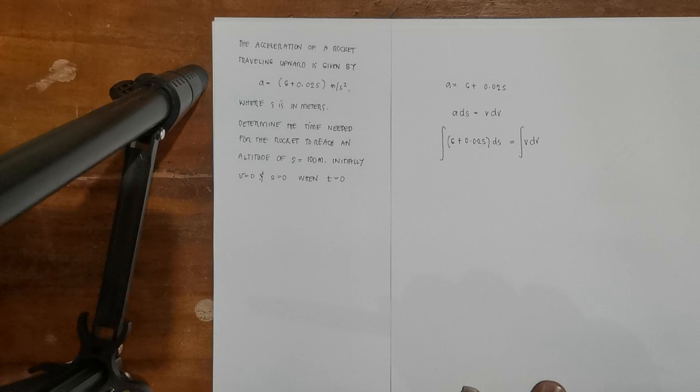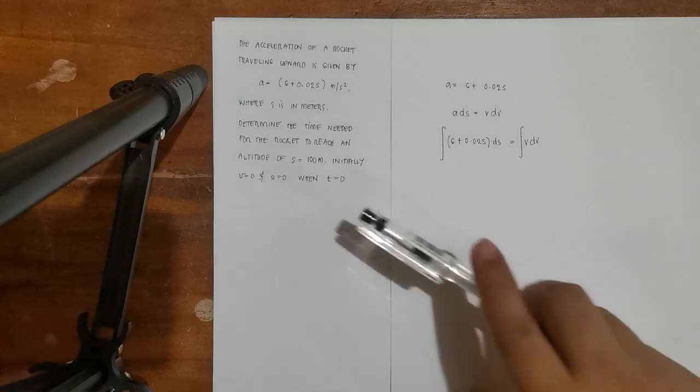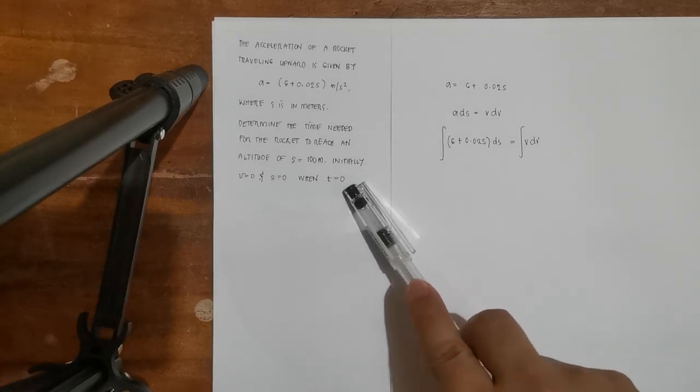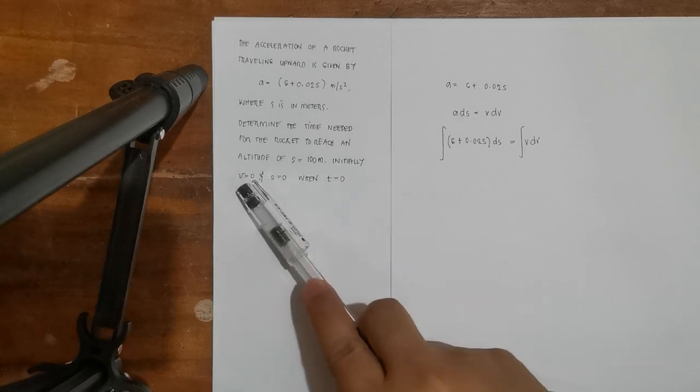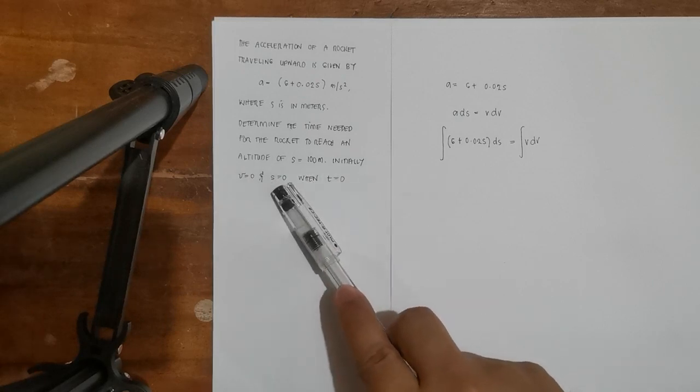So we have here, when integrating, meron tayong limits. We have the lower limit and upper limit. For the lower limit, yun yung ating initial values. Sabi dito, when the time is 0, velocity is 0 and position is 0.